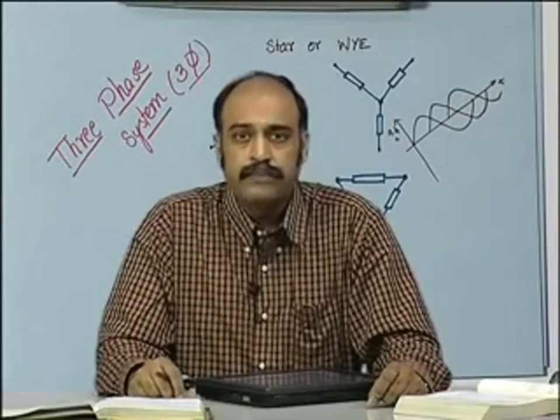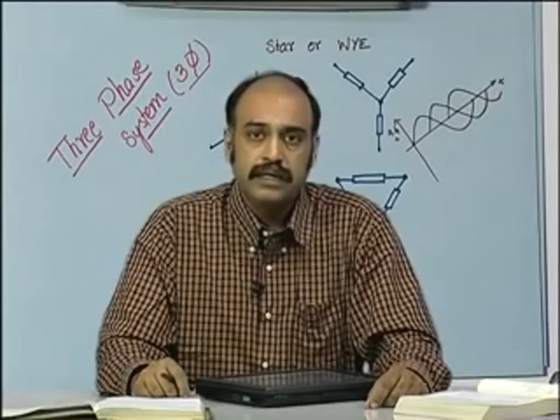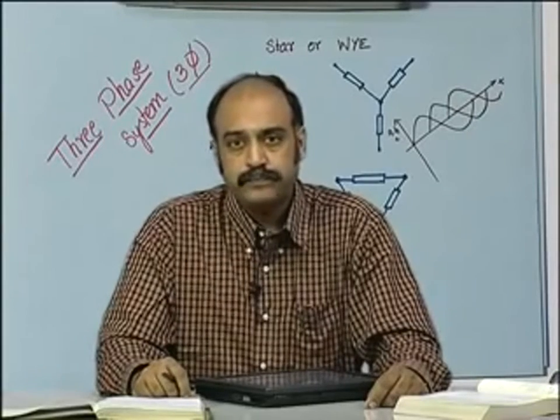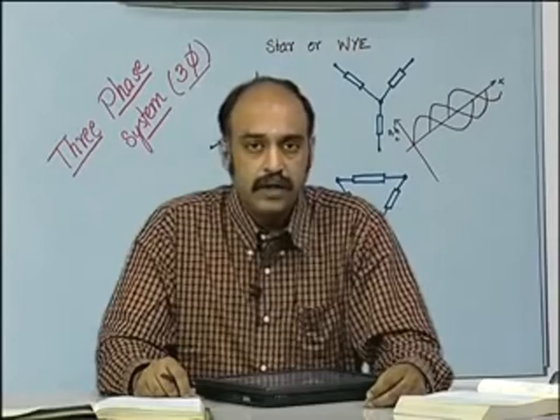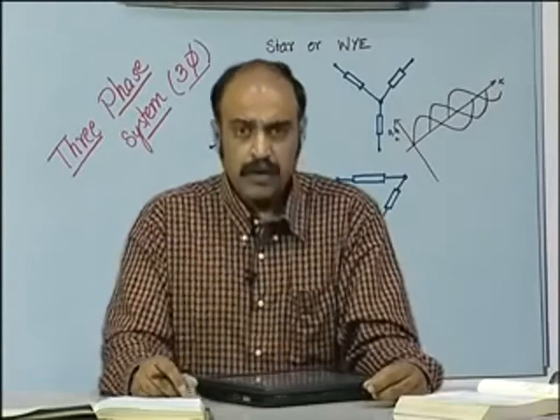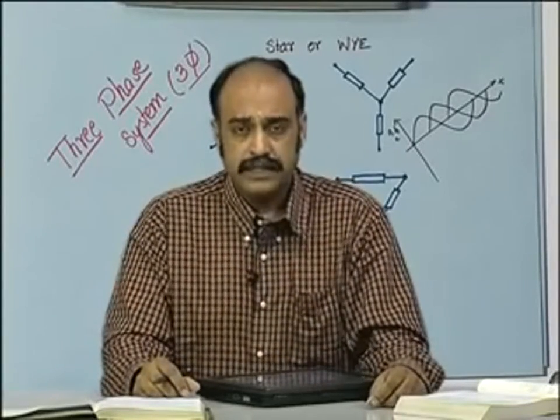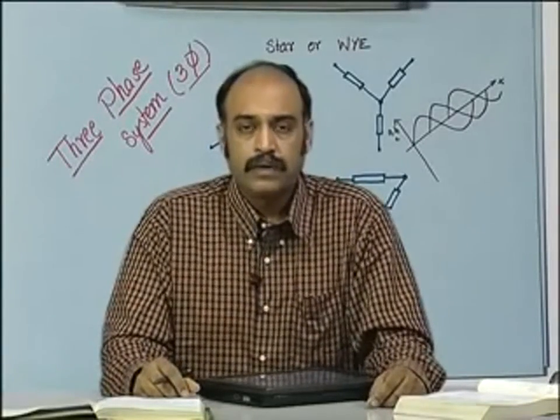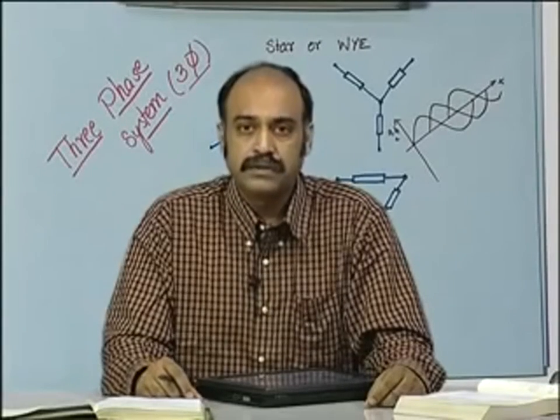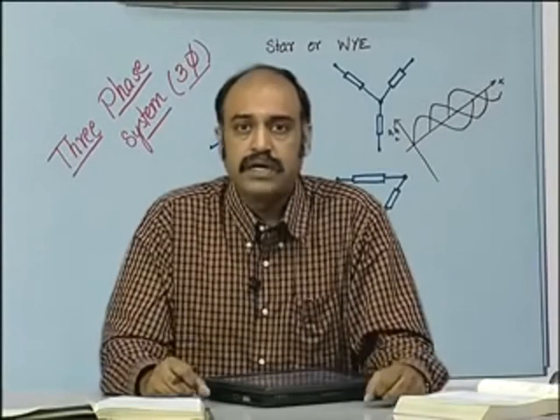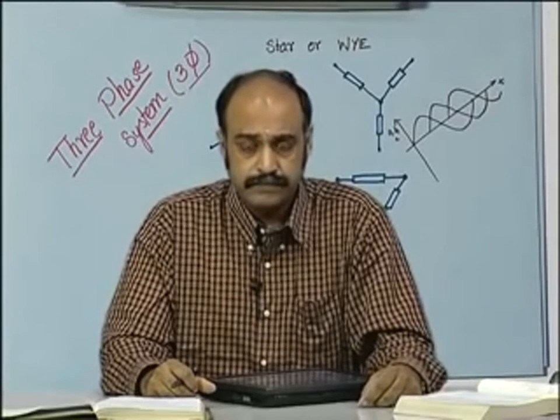We also discussed the power absorbed in three-phase star connected and delta connected loads. So, in this session today, we shall continue our discussion on the three-phase circuits with a few examples to consolidate our ideas.